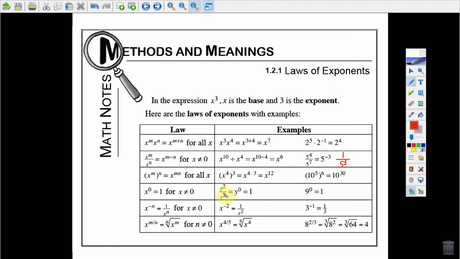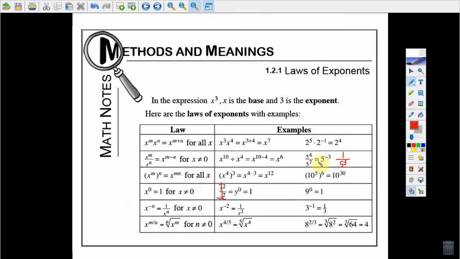If we had y to the second over y to the second and we subtracted those two exponents, we'd get y to the 0, which would give us 1. And also, back from previous courses, if you have the same number over itself, that reduces to 1 as well. So 9 to the 0 is just 1 also.